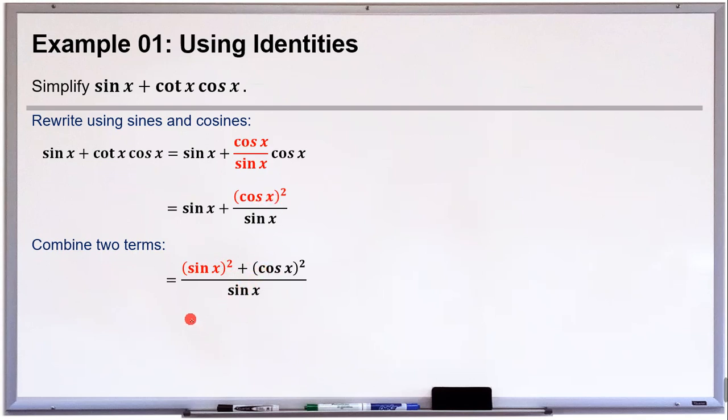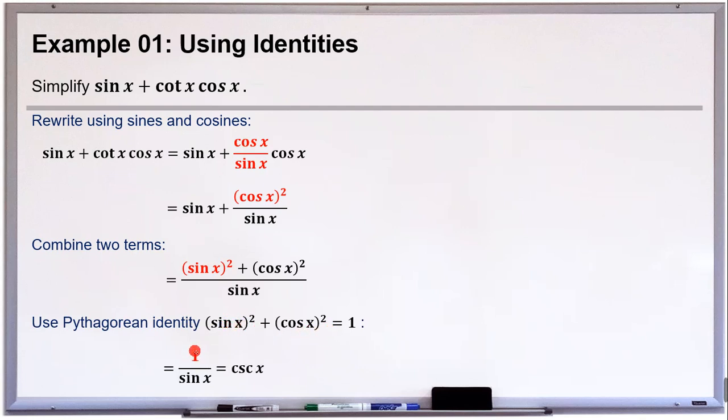As you can observe in our numerator, we can use the Pythagorean identity. Remember that the sum of sine x squared and cosine x squared will give us 1. Therefore, we have 1 over sine x, and 1 over sine x, as we all know, is the reciprocal of sine, the cosecant of x. So the simplified form of this given expression is equal to the cosecant of x. And this is our final answer.